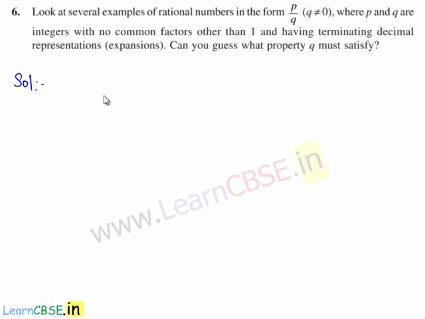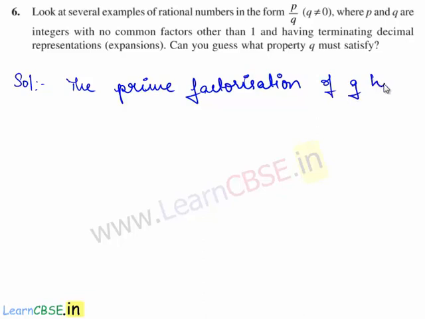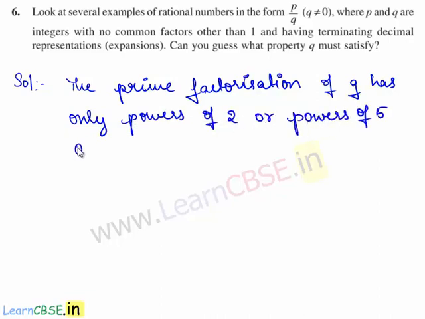The property that q must satisfy, in order that the rational numbers in the form of p by q, where p and q are integers with no common factors other than 1, have terminating decimal representation, is that the prime factorization of q has only powers of 2 or powers of 5 or both.